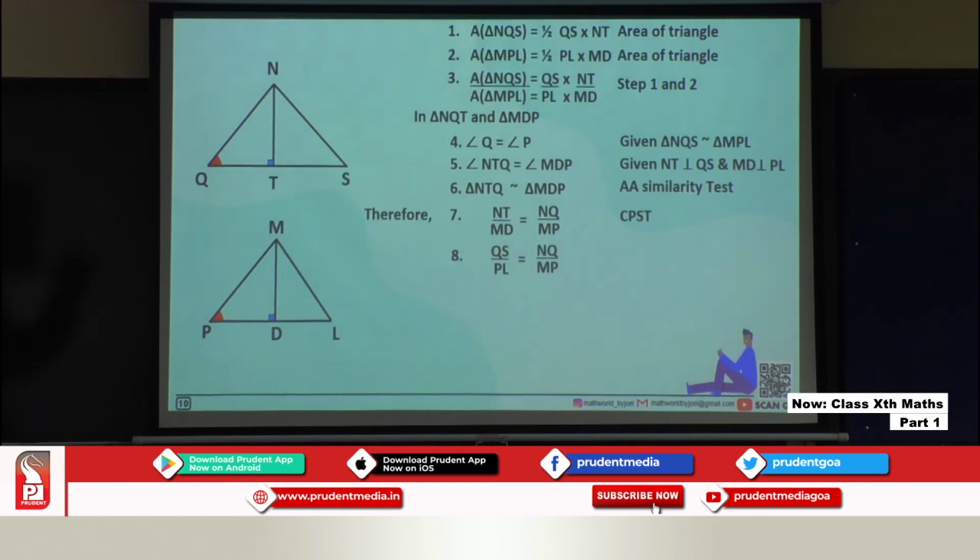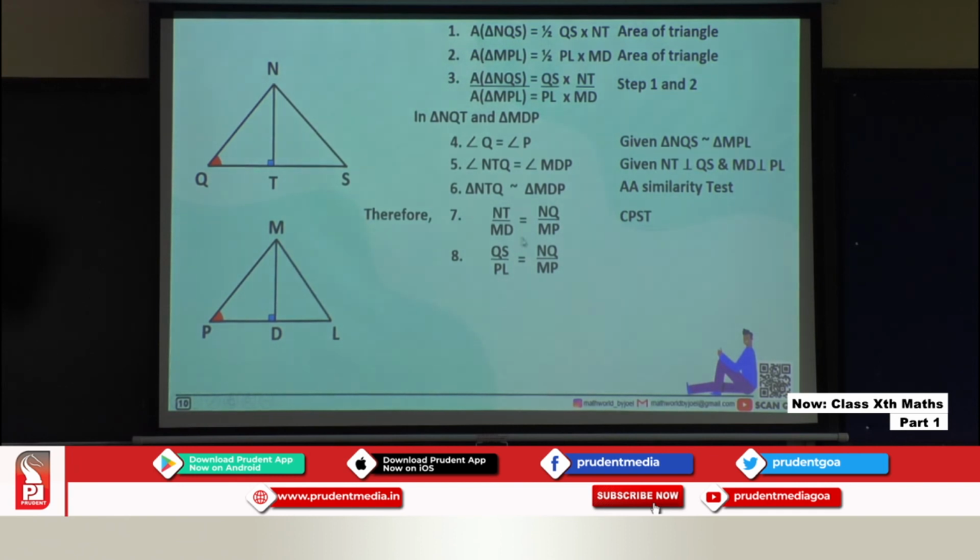next is I have written QS upon PL is equal to NQ upon MP. Now here, from where did I get this? Look at this triangle. So QS, right? So QS is over here, this part, upon PL, and NQ upon MP.